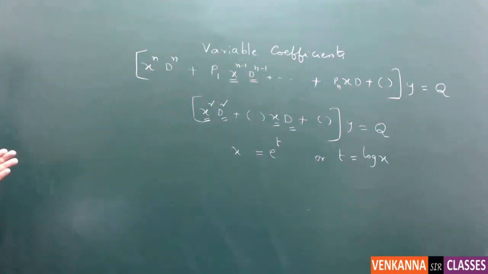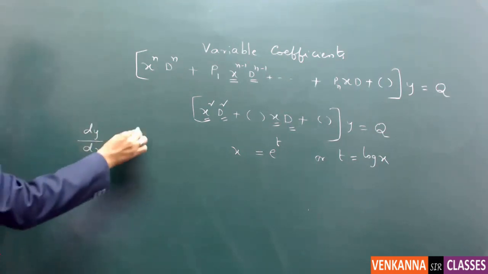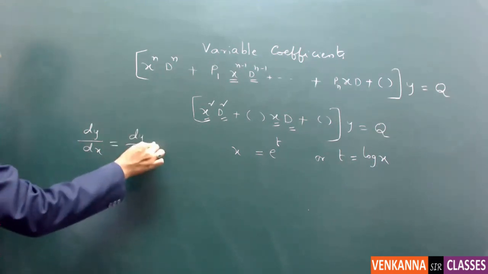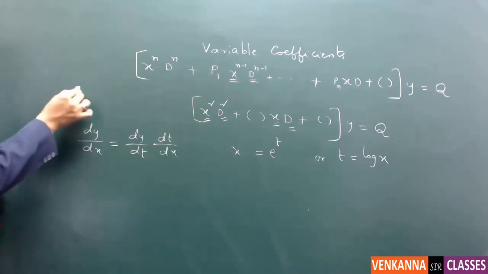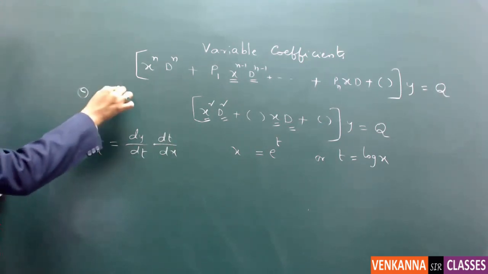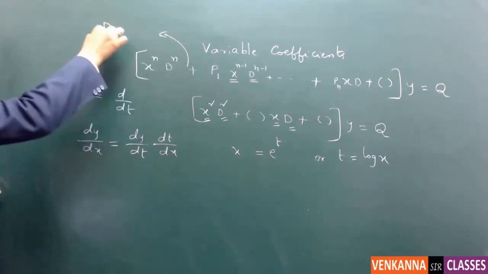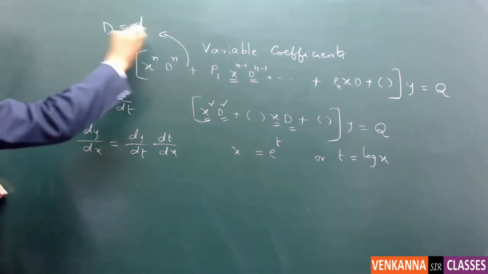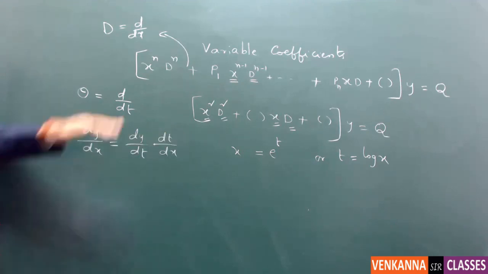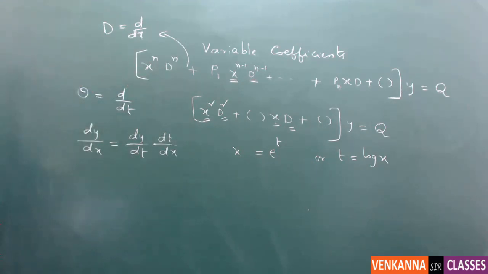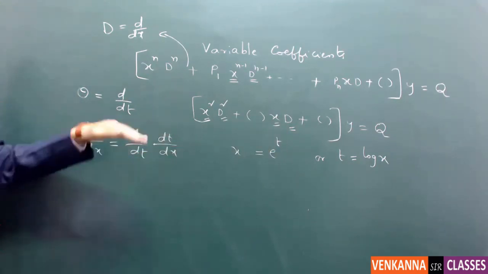If you consider the derivatives, dy by dx can be written as dy by dt into dt by dx. We use the symbol theta for d by dt, and capital D stands for d by dx. By using this substitution, it will be converted into constant coefficients.